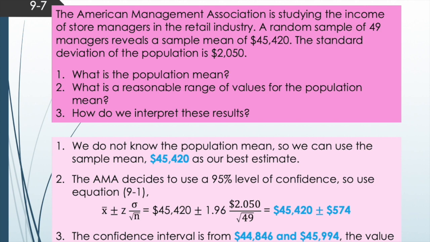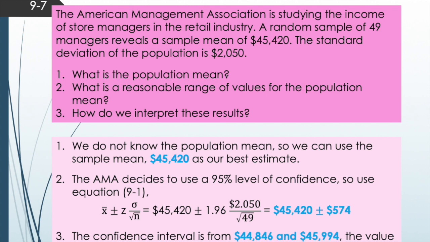Okay, question 2. What is a reasonable range of values for the population mean? So here's where we calculate the confidence interval. Using our formula from the previous slide, we take the sample mean, 45,420, plus or minus. We already found the z that corresponds to a 95% confidence level, which is 1.96. Multiply that times the population standard deviation of 2,050 divided by the square root of the sample size, which is 49.